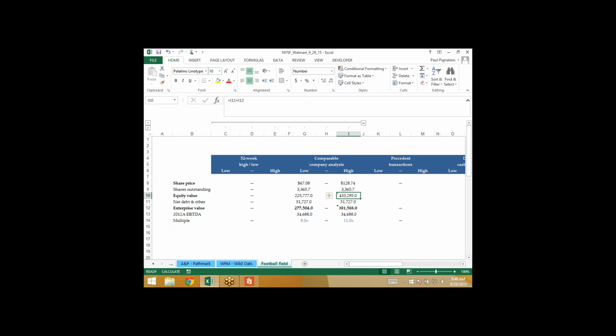I thought that looked high. Right? We're going backwards, of course. That makes sense. Sorry. Equity value plus net debt is enterprise value. Enterprise value minus net debt is equity value. I can't believe I did that backwards. Sorry. I caught it in time.